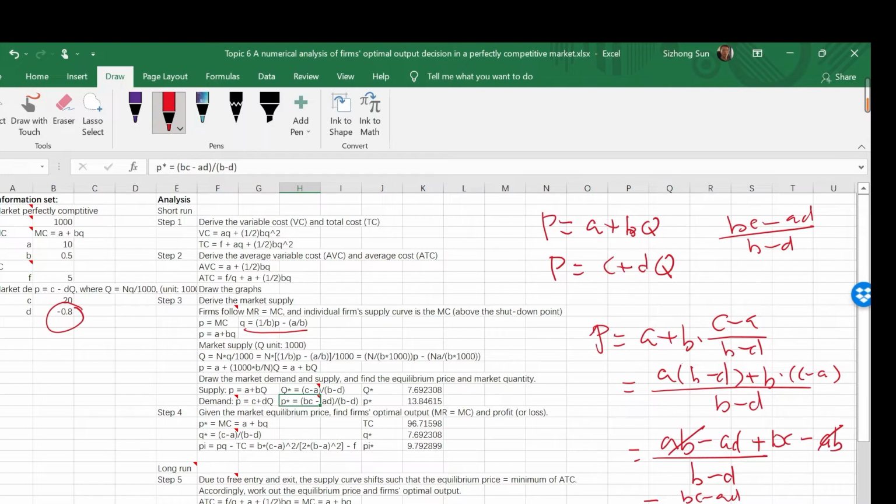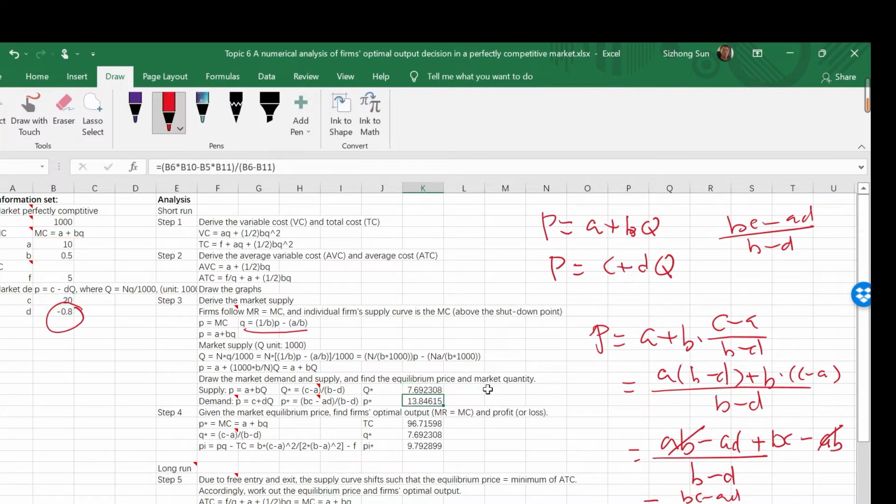Alright, so we know what C is, what A is, what B is, what D is, the value of these parameters. So we can actually evaluate them. So equilibrium quantity is C minus A divided by B minus D. So C is 20, minus A, which is 5, divided by 6 minus negative 11.